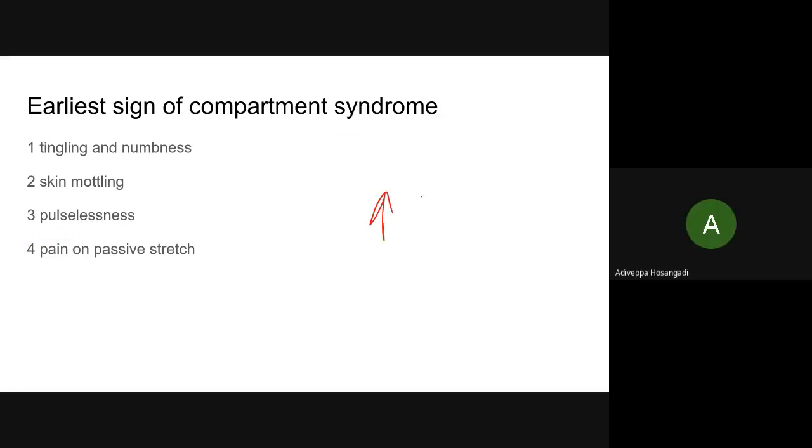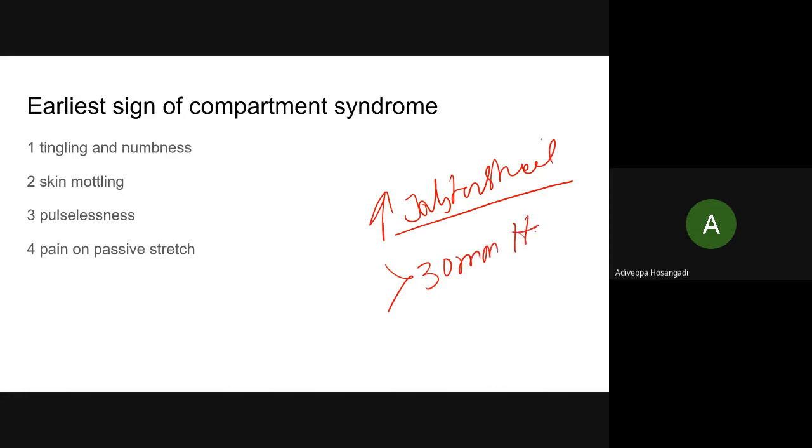Increase in compartmental interstitial pressure, more than 30 millimeter of mercury. Of course, there are indications for compartment release or fasciotomy. I'll come to that later. More than 30 millimeter mercury in a normotensive patient.